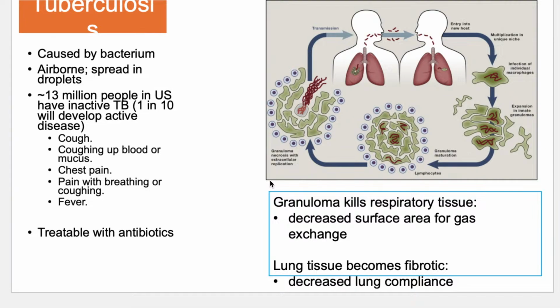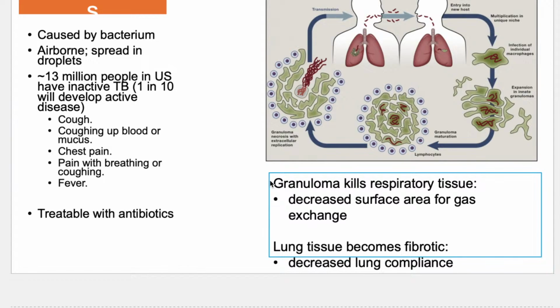The granulomas produced by the bacteria kill respiratory tissue and decrease surface area for gas exchange. Lung tissues become fibrotic and decrease lung compliance.